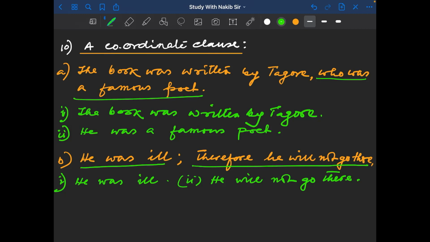He was ill, therefore he will not go there. From this compound sentence we have got two sentences. From the first coordinate clause, he was ill, we have got he was ill, and from the second coordinate clause we have got another sentence and it is he will not go there. Okay, this is how a long sentence can be split up into small sentences.